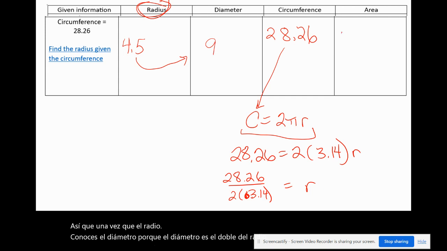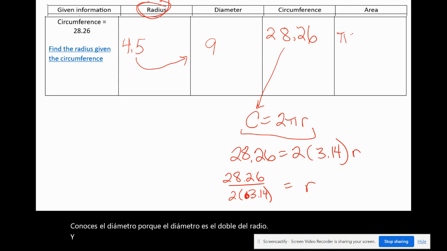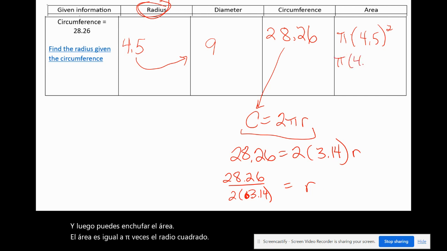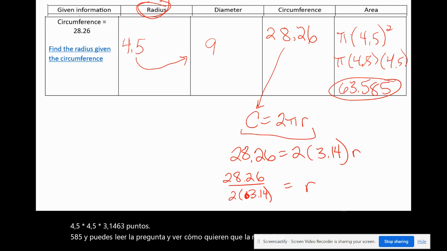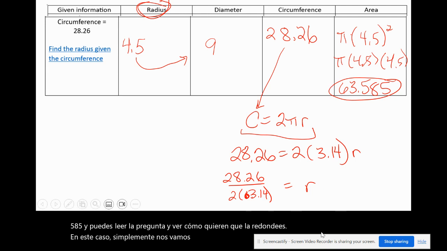And then you can plug in the area. Area equals pi times the radius squared. So pi times 4.5 times 4.5. 4.5 times 4.5 times 3.14. 63.585. And you can read the question and see how they want you to round it. In this case, we're just going to leave it like that because there's no other extra directions.